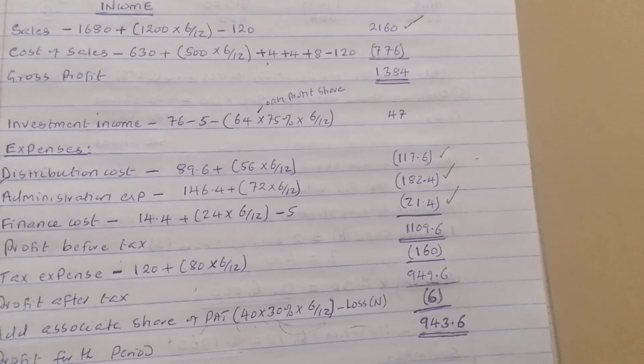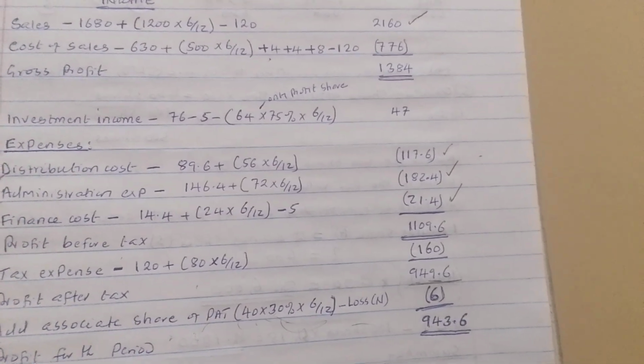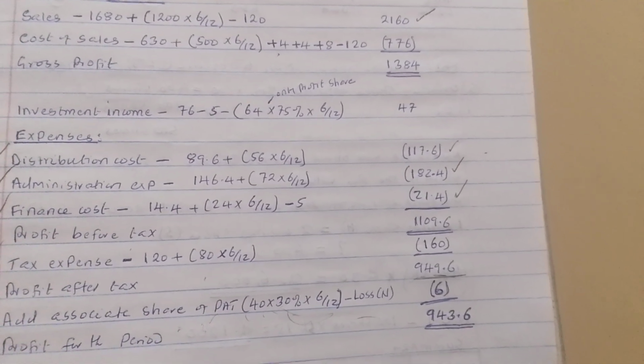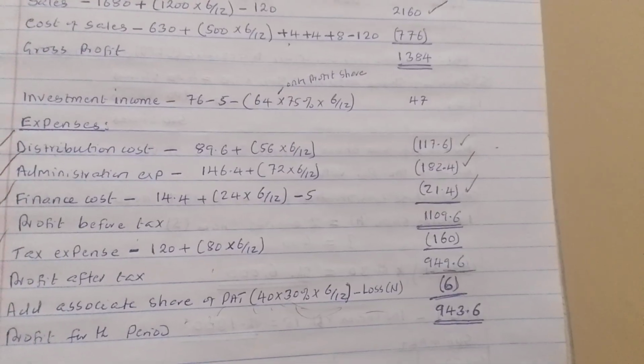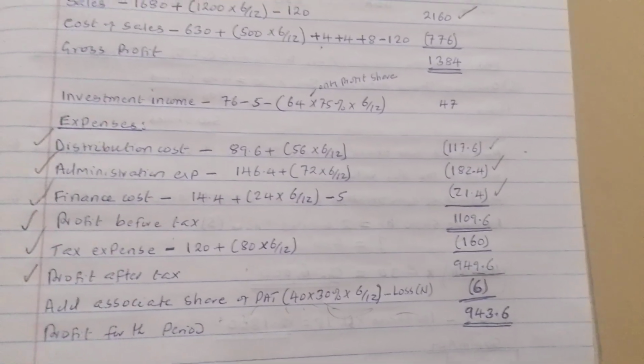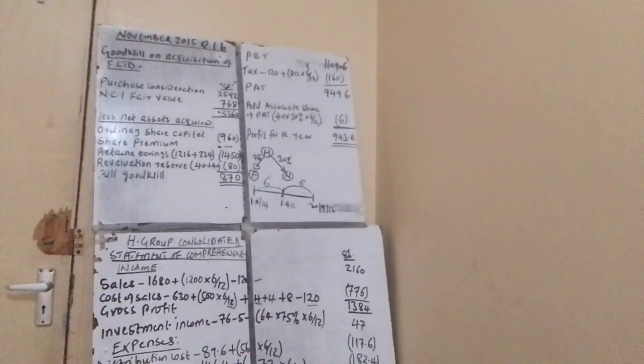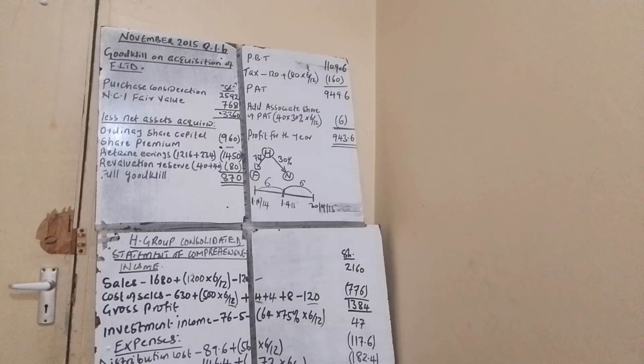Then we minus the dividends now, 64 times 75% times 6 over 12. That portion, 64, we will receive 75% of that. Okay, let me show you what I'm talking about. The 64.